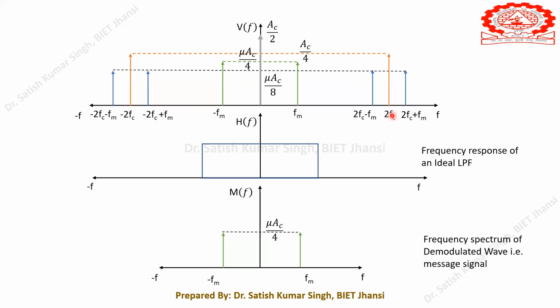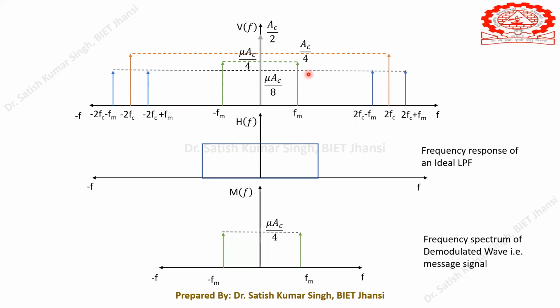Similarly, we have already seen one frequency component at 2fc, and again at minus 2fc. Then we have a frequency component at 2fc plus fm, and one more at 2fc minus fm, and accordingly I have written their amplitudes based on that particular equation.